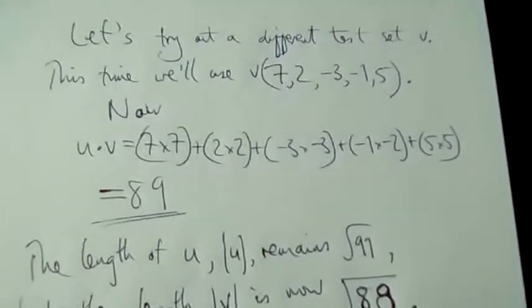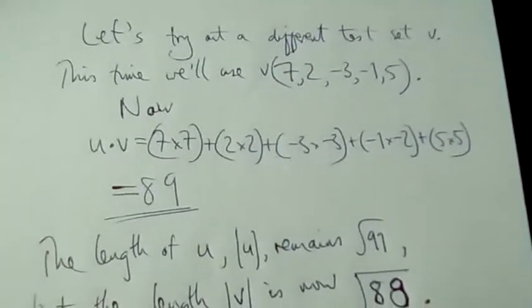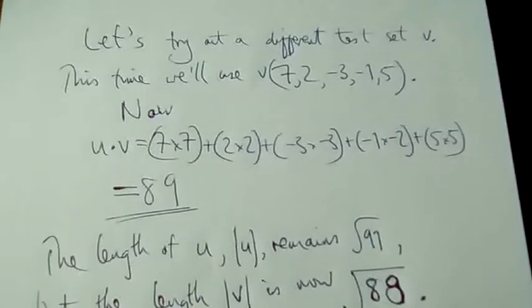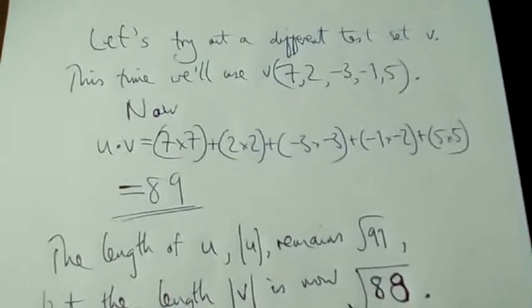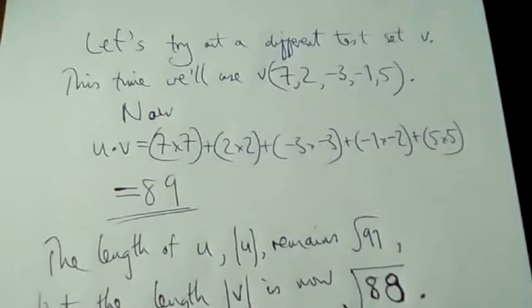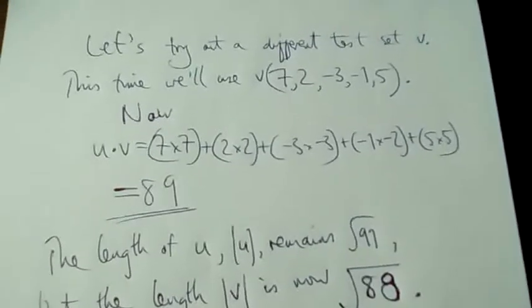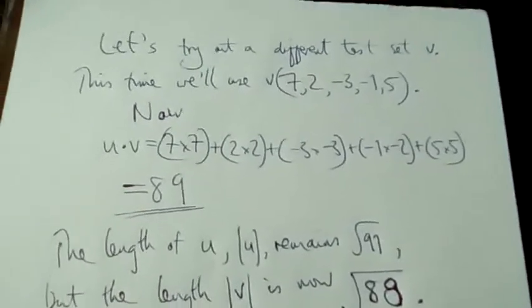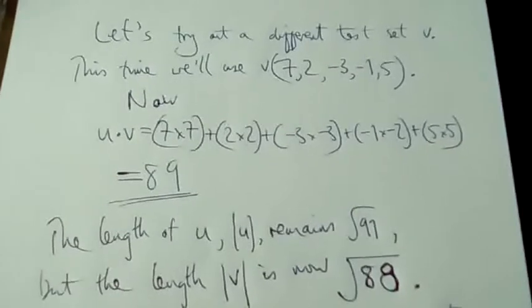Let's try out a different test set v. This time we'll use v consisting of 7, 2, -3, -1 and 5. This time the dot product of u and v is 89.